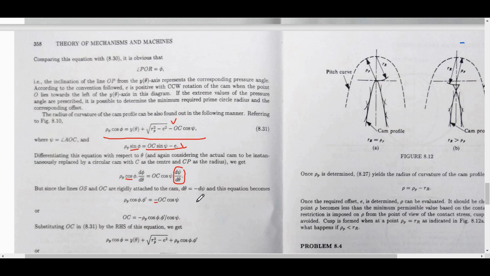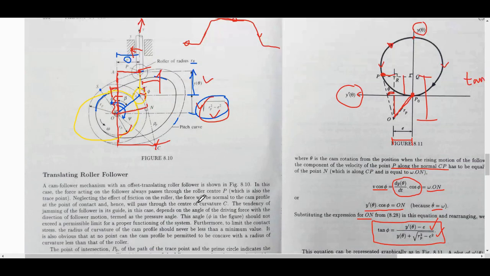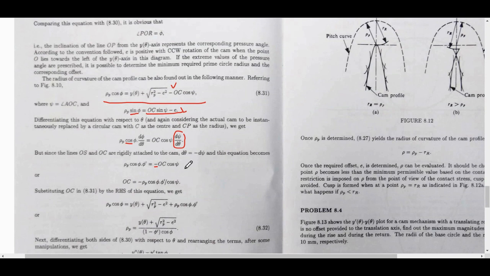Why? Because psi plus theta is constant up to two derivatives. So that's minus 1. So we have this expression.